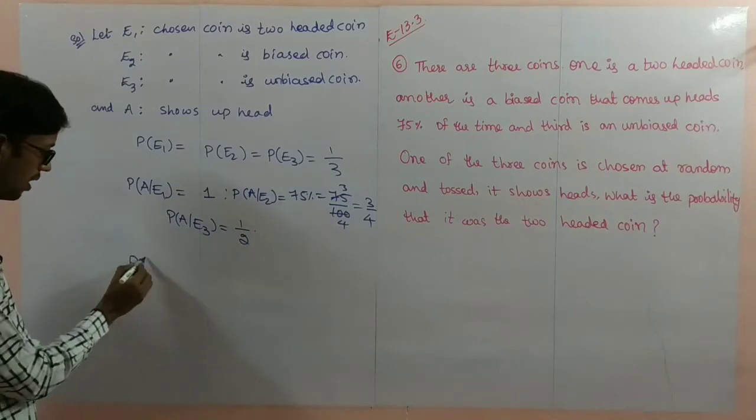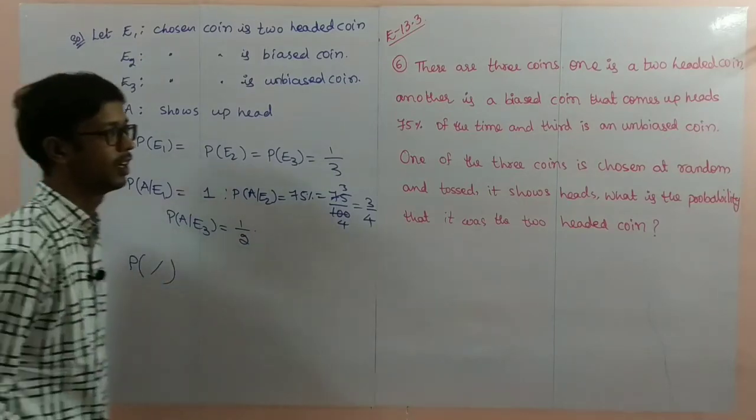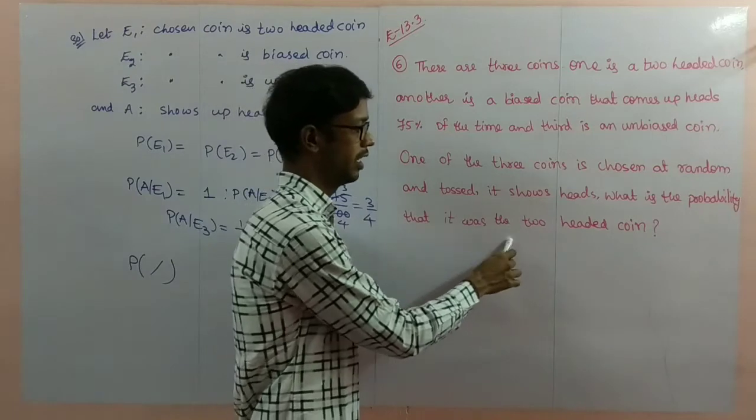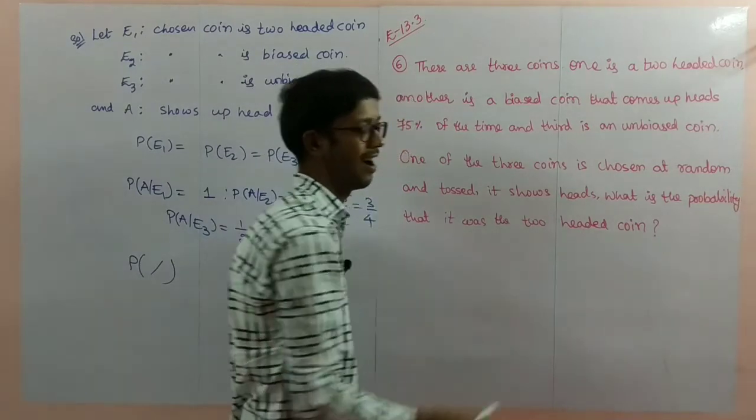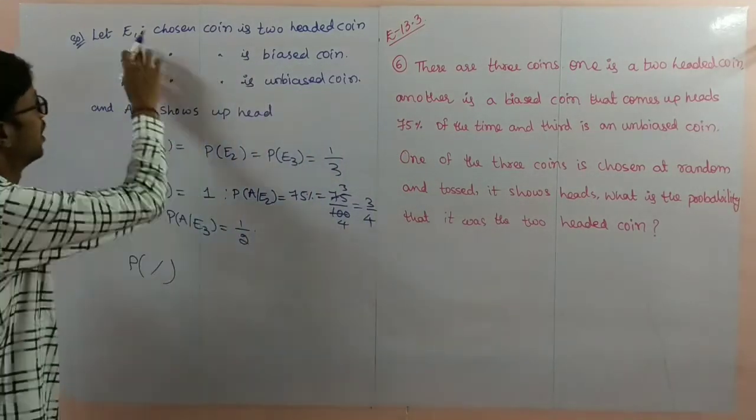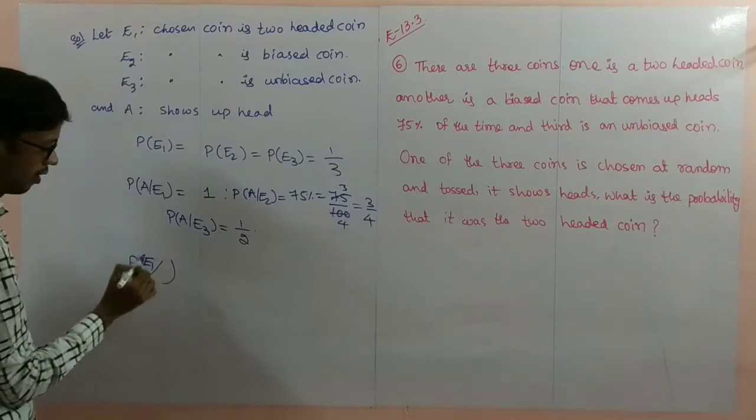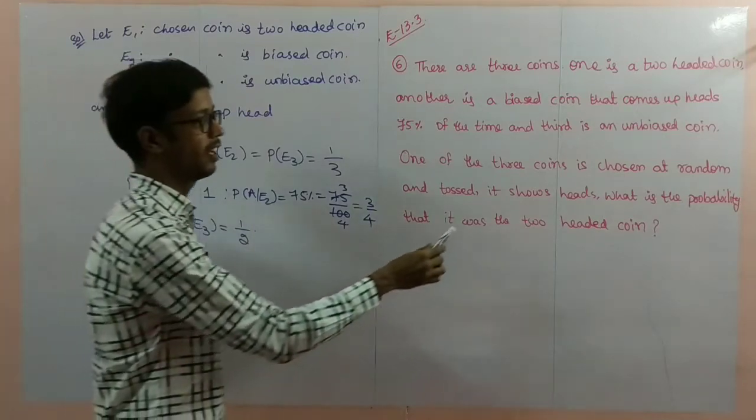Now, what is the probability that it shows the two-headed coin? Two-headed coin means E1. And what is given?